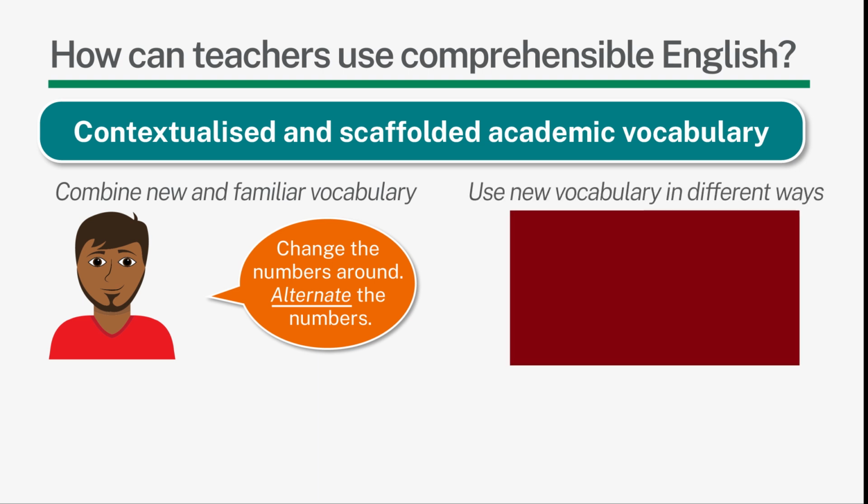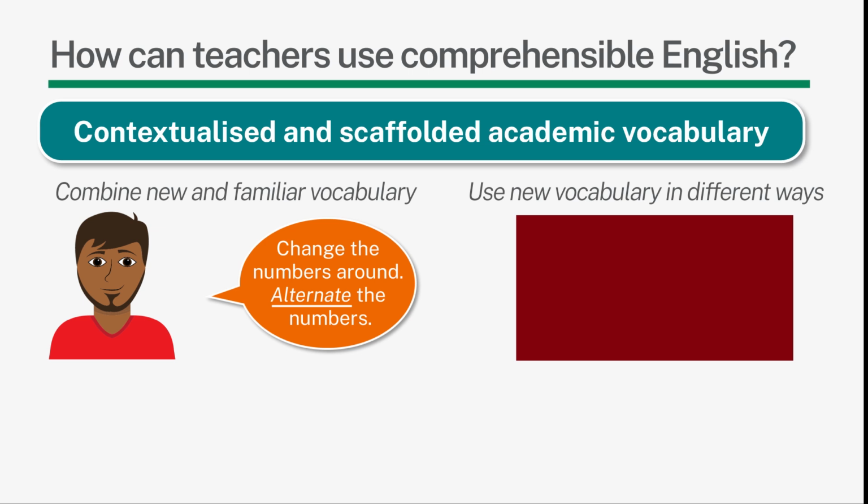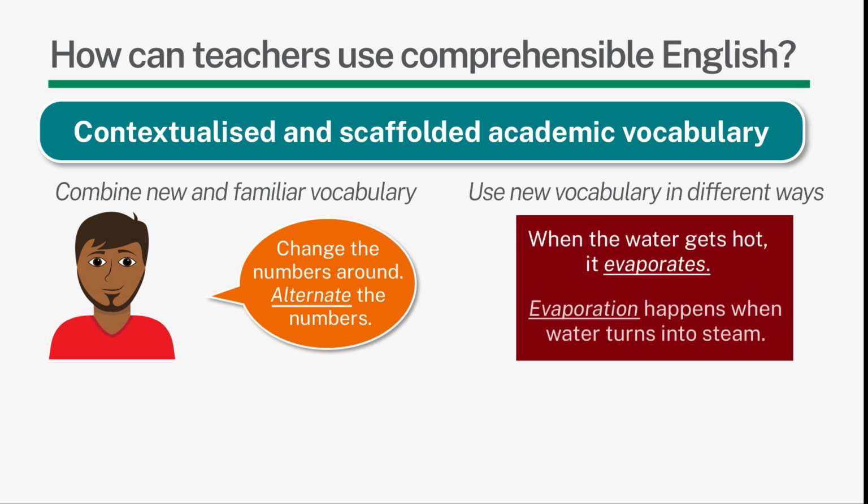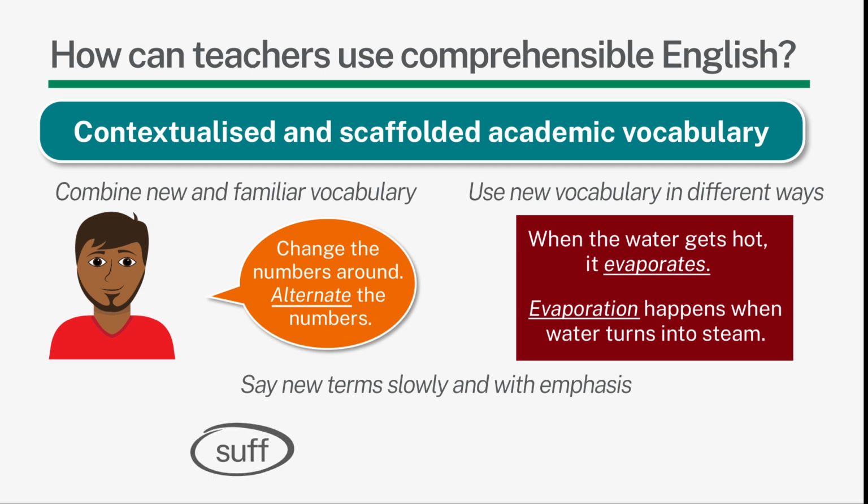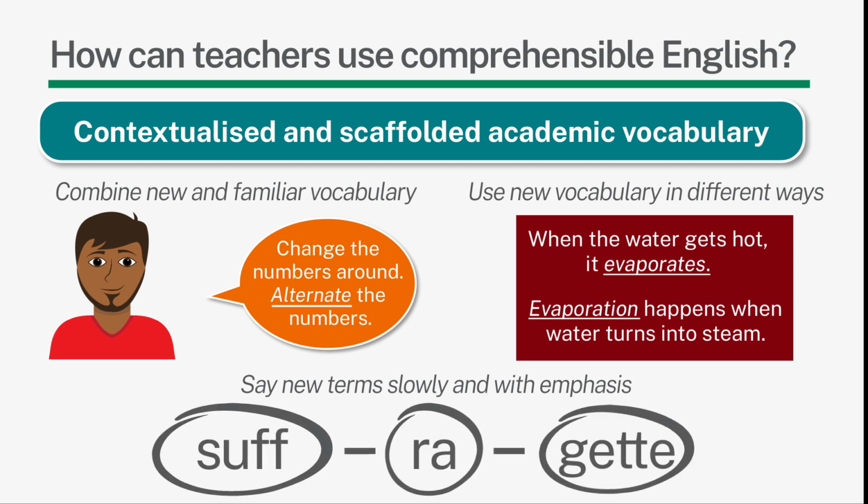For example, when introducing the term evaporation, say, "When the water gets hot, it evaporates. Evaporation happens when water turns into steam." Learners need to hear new terms multiple times. When introducing new terms, say them slowly and with emphasis, and sound out each syllable clearly. For example, saf, ra, jet.